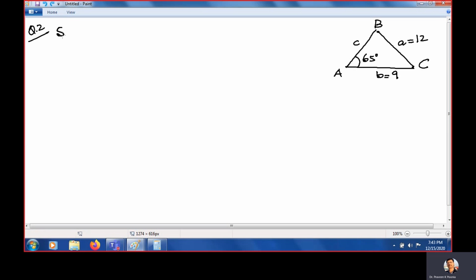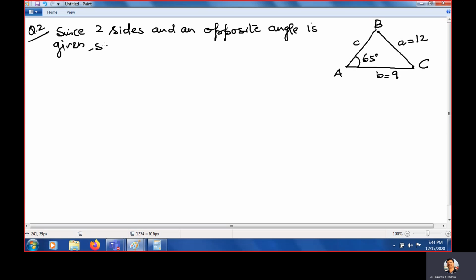Clear? So since two sides and an opposite angle are given, we can use sine rule.